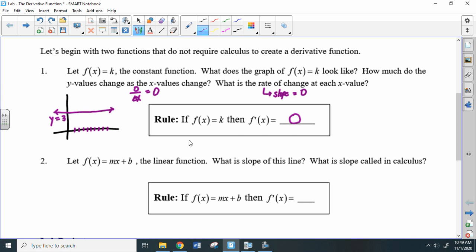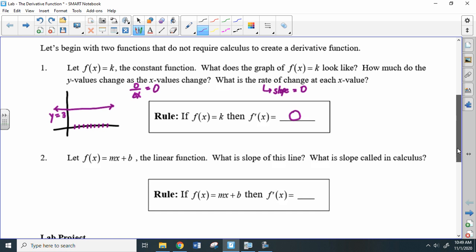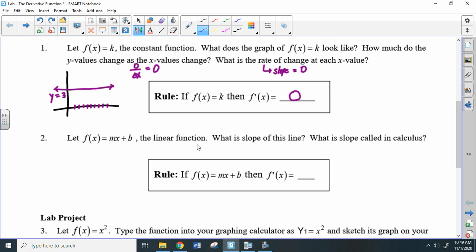Let's look at another one that you don't really need to investigate a whole lot with a graph. Let f of x equal mx plus b. That's our standard linear function, y equals mx plus b. What's the slope of that line? I hope you remember that it's m. What do we call the slope in calculus?